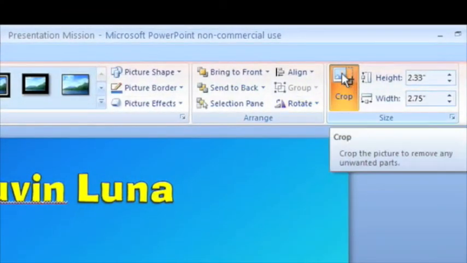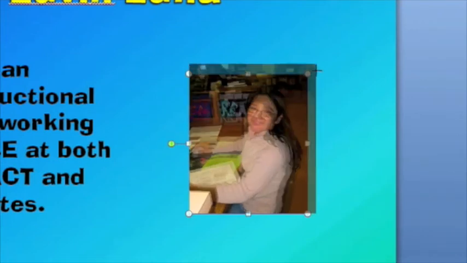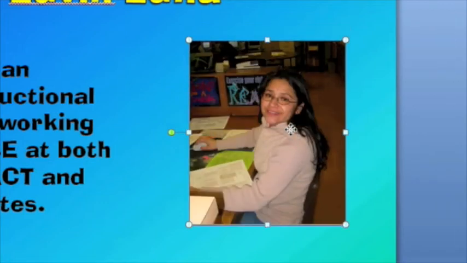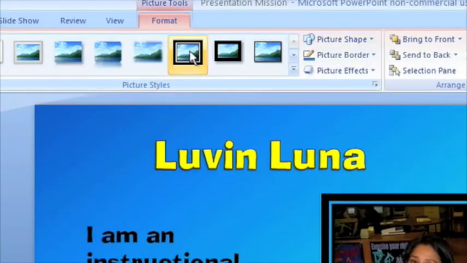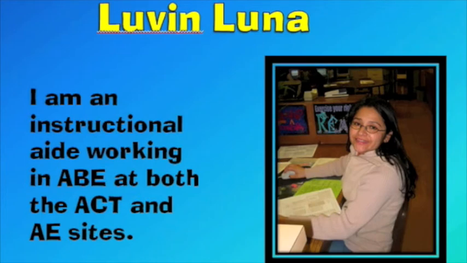Then I'm going to click it again, and I might want to make it a little bigger, so I'm going to grab a corner. And now I have a picture of Levine. You're also asked to give it a picture frame, and that'll be a nice quick way to do it. So I have inserted my picture.